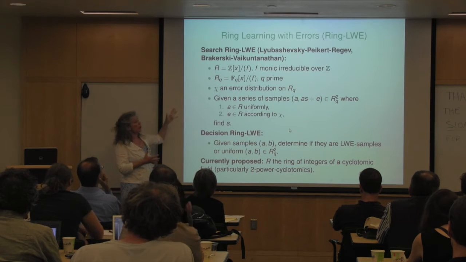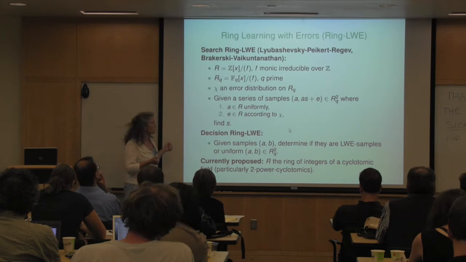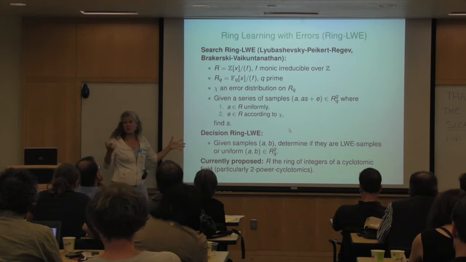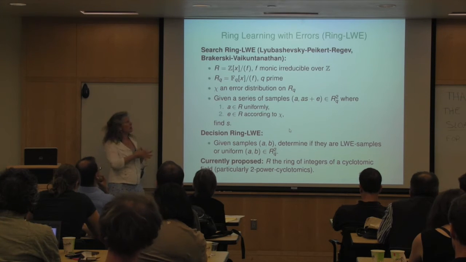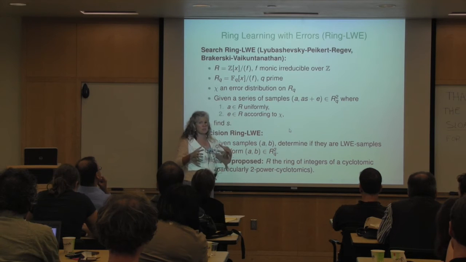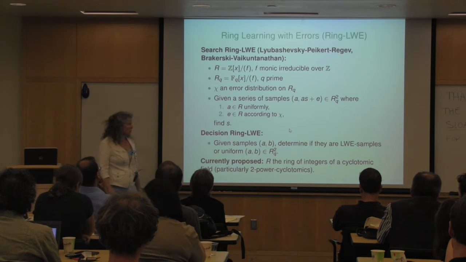The reason that LWE and RLWE became interesting problems, as alluded to this morning, is because of security reductions that were proved by Oded and in the LPR papers that relate these problems, LWE and RLWE, to the other hard lattice problems that were mentioned this morning.